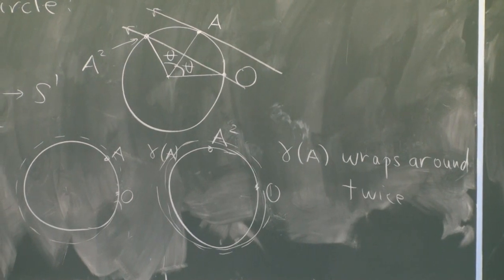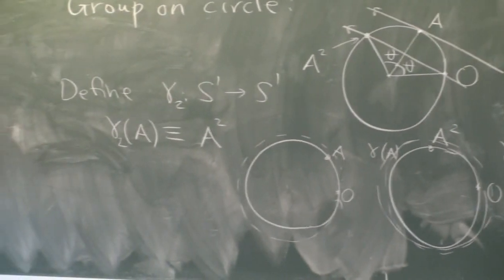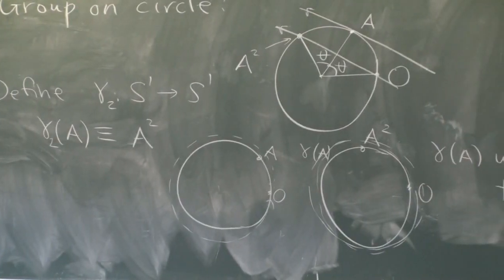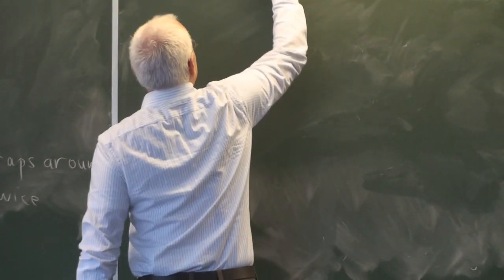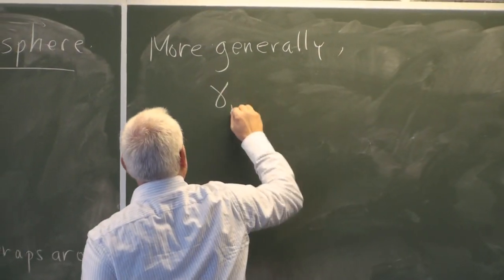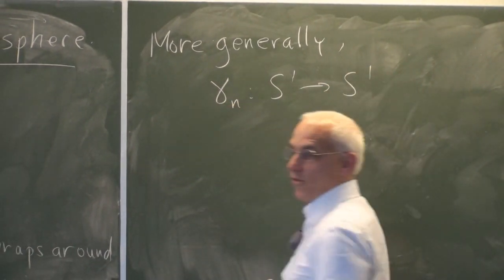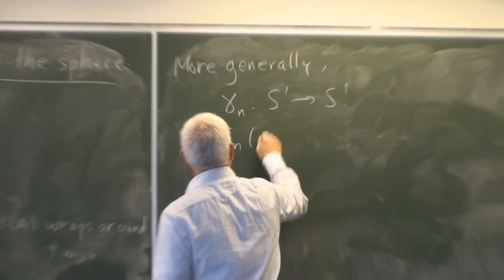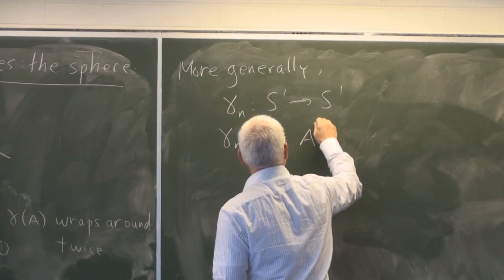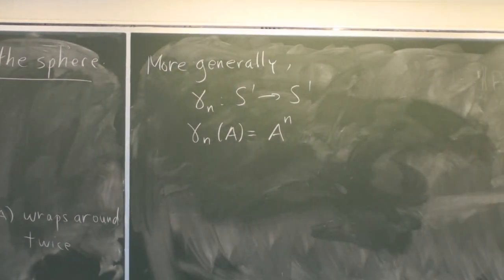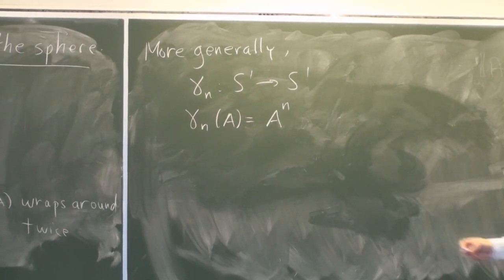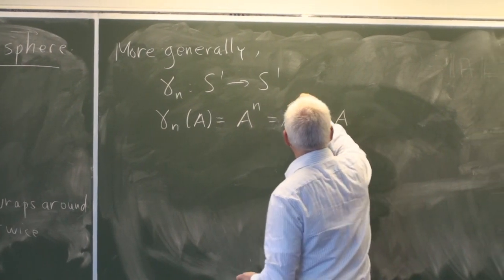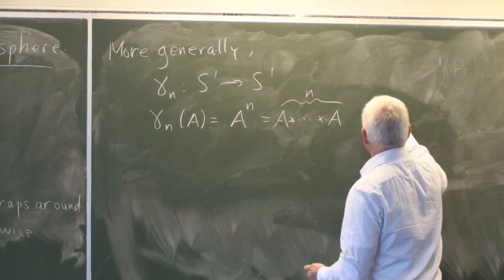Because it's twice, we could maybe put a subscript 2 under there, suggesting that we could do the same thing for other integers. More generally, we could define gamma sub n from the circle to the circle by defining gamma n of A to be A to the n. And let me just say what that means. It means A times A times A all the way n times if n is bigger than or equal to 0.